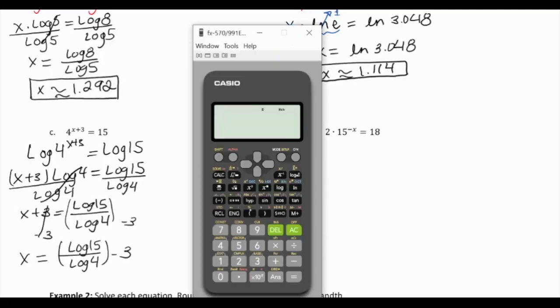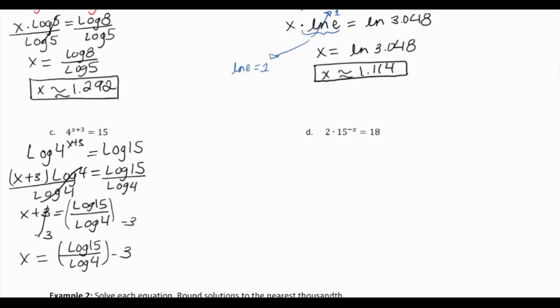So we have parentheses, fraction, log of 15 over log of 4, minus 3. Round to the nearest thousandth, so that's going to be negative 1.047. So this is approximately negative 1.047.